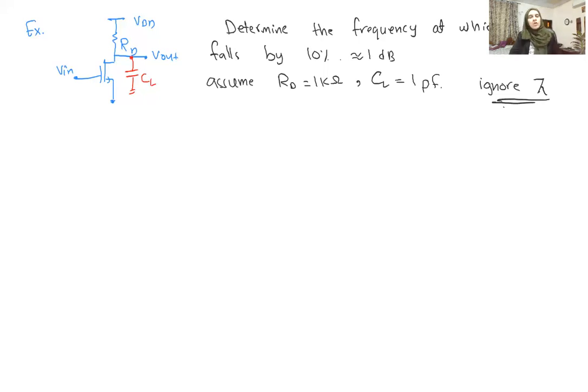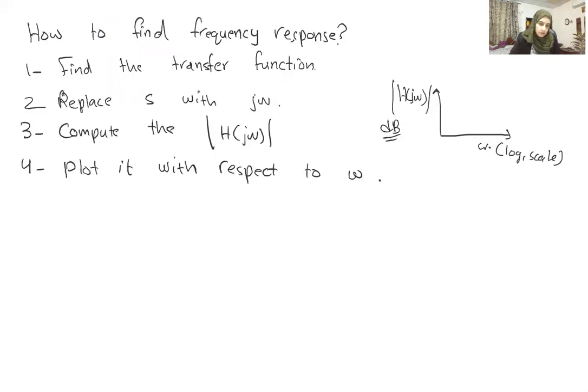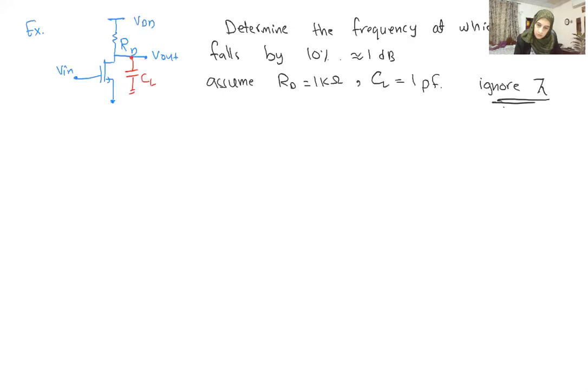Okay, now first we want to find the transfer function, and then we can go back to it. So for the transfer function here, we go back and draw the small signal model. So this is 1 over CL times S, replace it with its impedance, and RD. Here I'm ignoring the R out because it's telling me to ignore lambda.